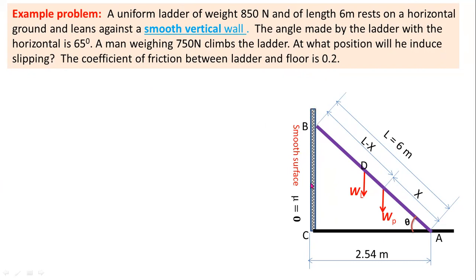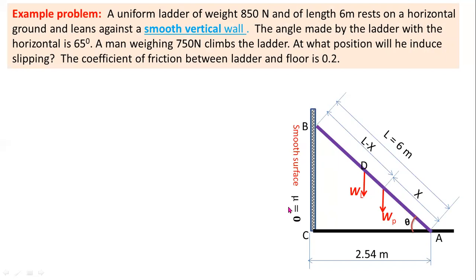And this one is a vertical wall, BC. BC is a vertical wall, and this surface is smooth. From the question you can observe smooth vertical wall. For smooth surfaces you have to consider zero friction.